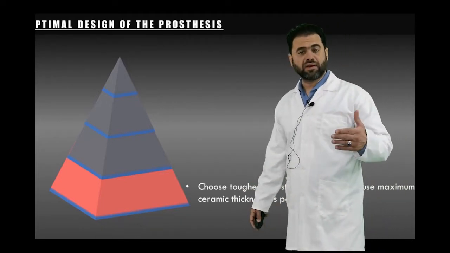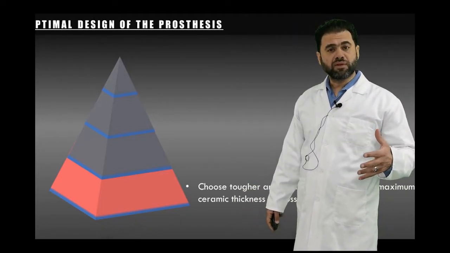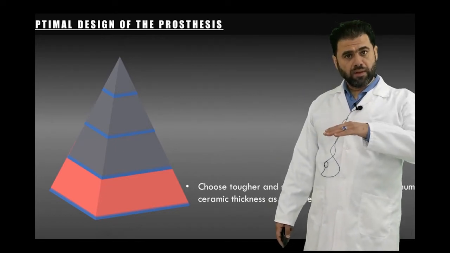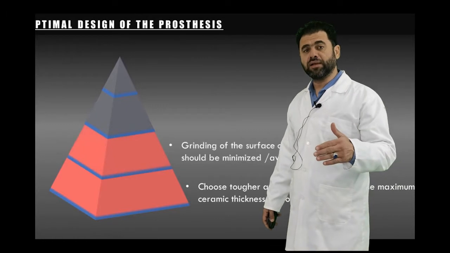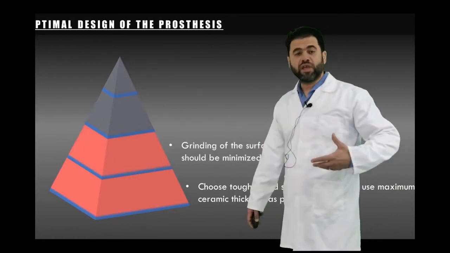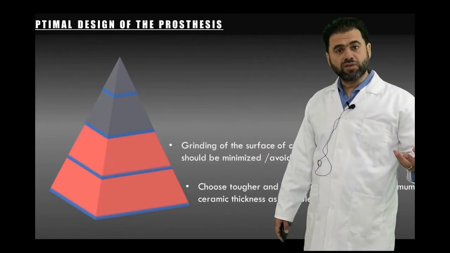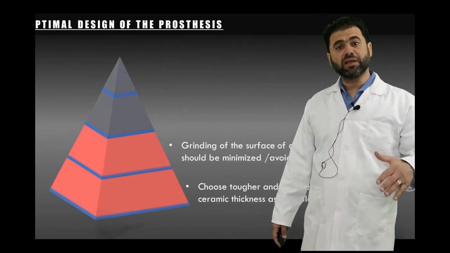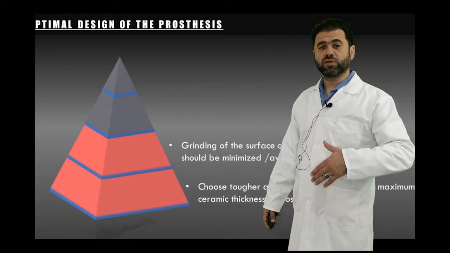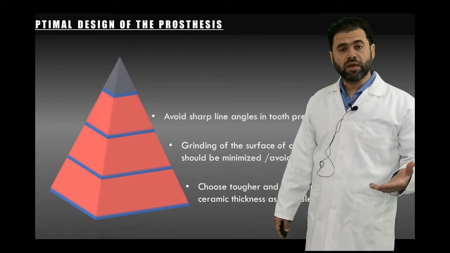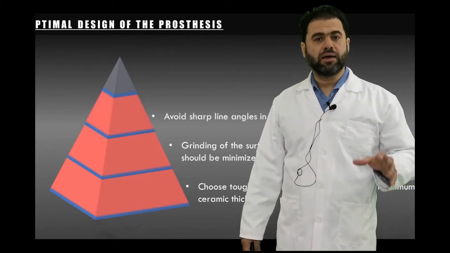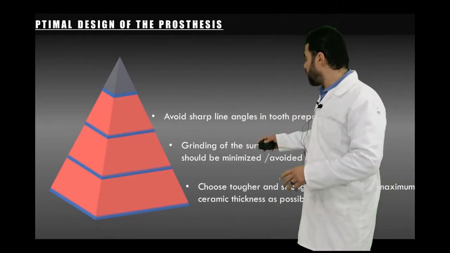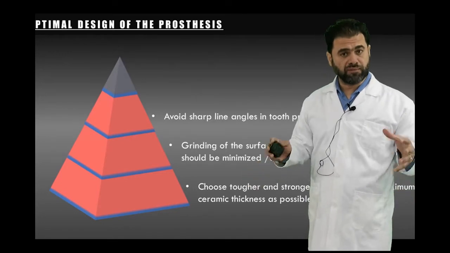If we avoid the grinding, that will give strength, because when we grind, لما نحف البورسلين احنا هون ممكن انه we initiate a crack. So also we remove the glazed layer that it's protecting the porcelain. So we're supposed to avoid doing the grinding.